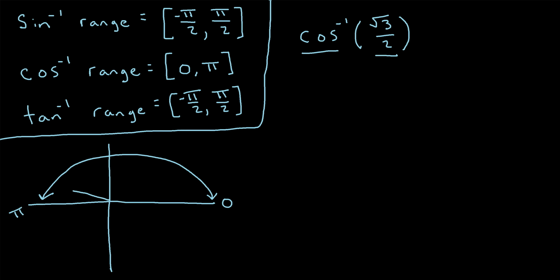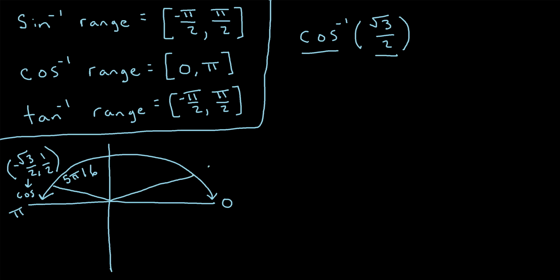Well, if 5 pi over 6 jumped into your mind, think about the xy coordinates for that. That would be negative root 3 over 2 and 1/2. So remember, the cosine corresponds to the x value. So negative square root 3 over 2 doesn't work because we're looking for a positive square root 3 over 2.